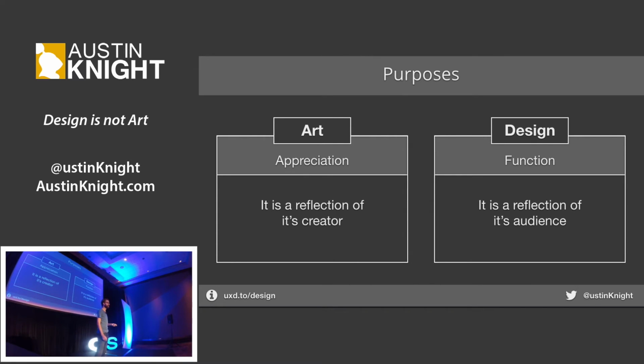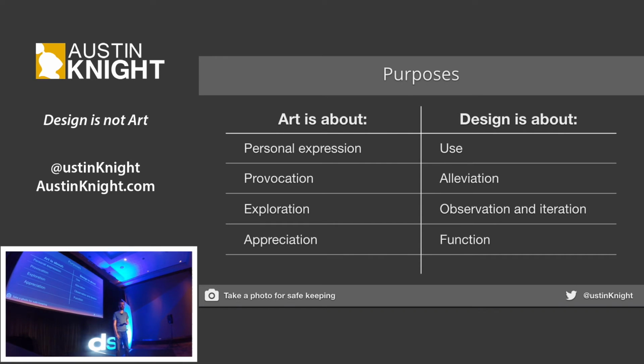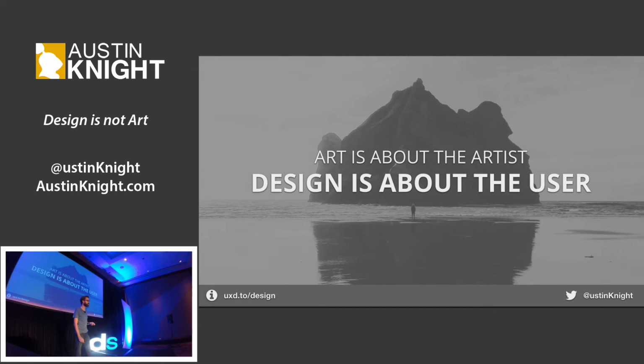The best designs come from a deep reflection and understanding of their audience. So these are the core areas where the purposes of design and art diverge from each other. And we can sum this up into one core idea, which is that art is about the artist, but design is about the user.